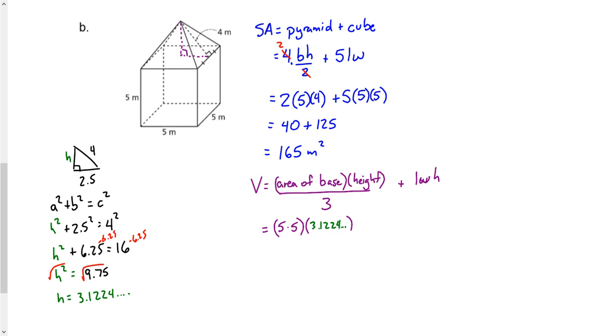So I'm going to leave that in my calculator. But when I plug everything in, I'm going to have exact values. For the cube, the length, width, and height are all 5, 5, and 5.